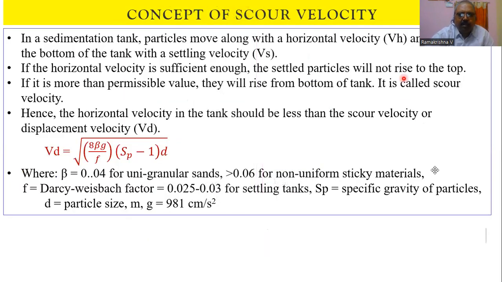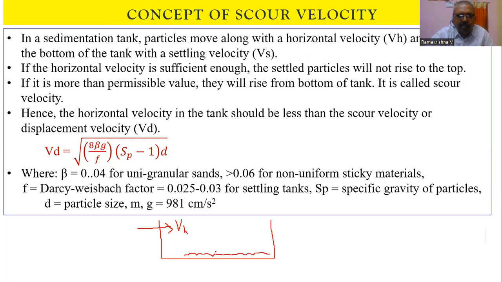Now we have another term called scour velocity or displacement velocity. What is the meaning of this displacement velocity? Here we have a sedimentation tank, and the water is entering with some horizontal velocity like this, and all the particles have settled down to the bottom.